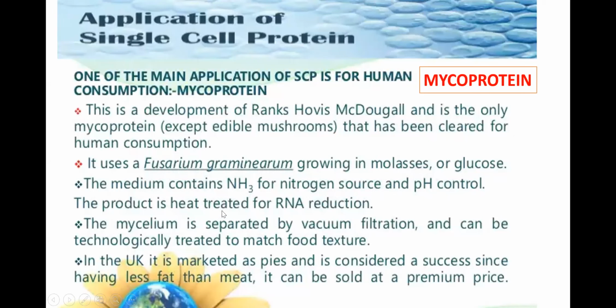At the end, the product will go through thermal treatment to reduce the RNA, which is the nucleic acid content. And finally, the mycelium, which has a hairy structure, will be separated by vacuum filtration.